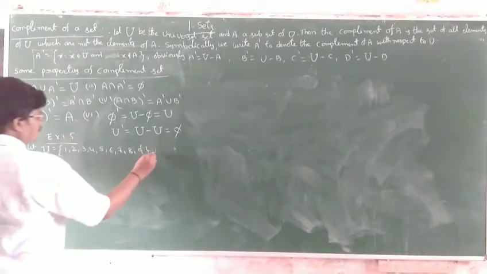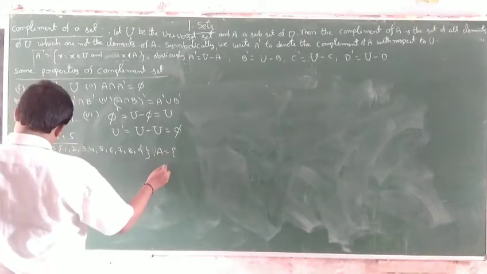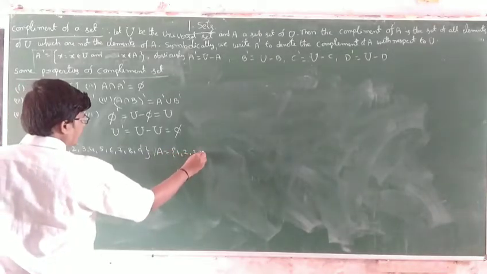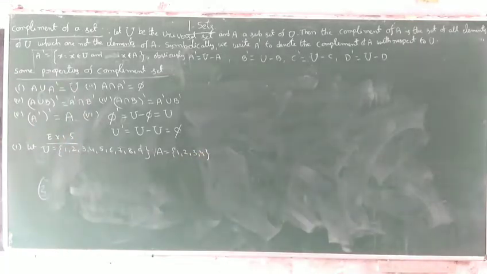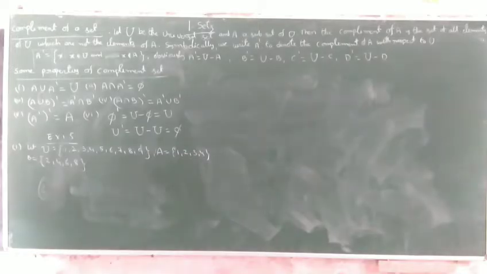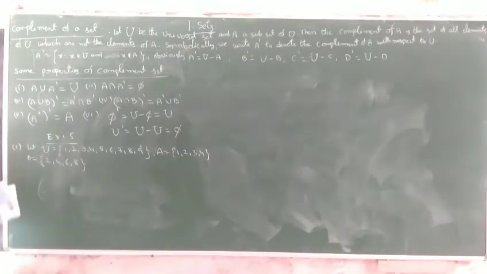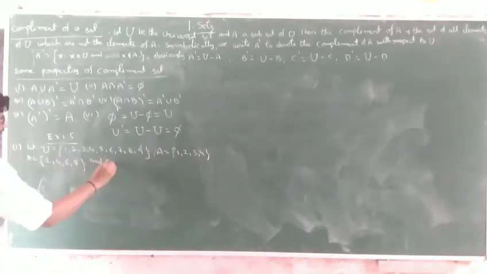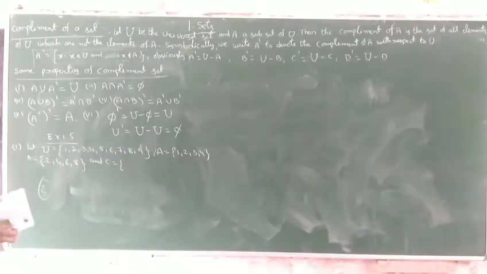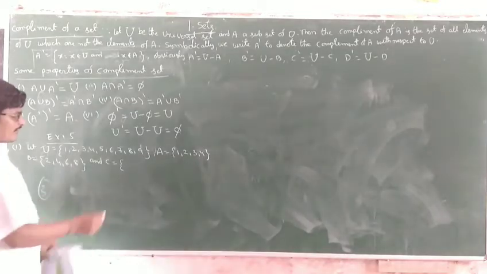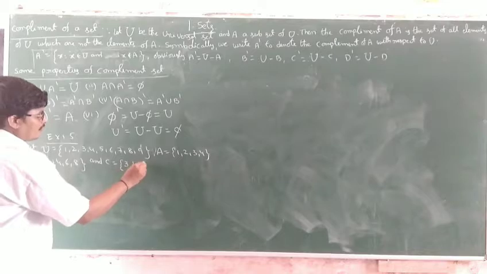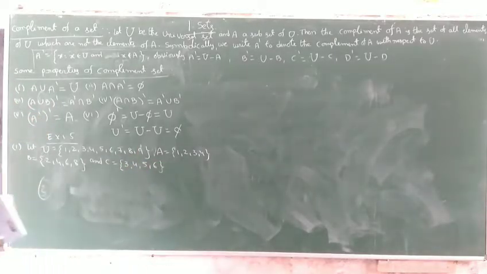A is equal to 1, 2, 3, 4. B is equal to 2, 4, 6, 8. And C is equal to 3, 4, 5, 6. This is the given data.